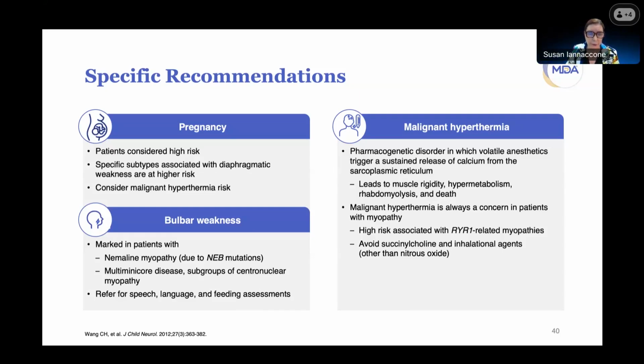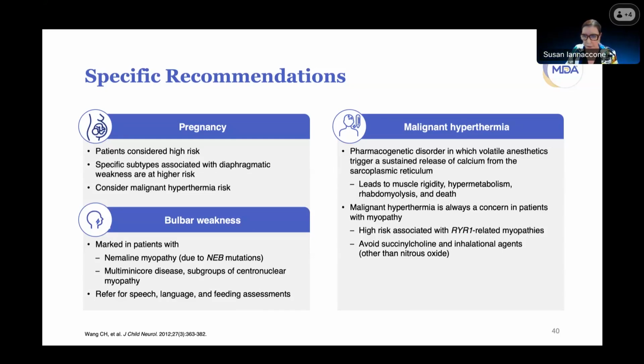The complications will depend on how severe restrictive lung disease is, whether there's diaphragmatic weakness or paralysis. And then, of course, many of these patients, particularly the RYR patients, are at risk for malignant hyperthermia.